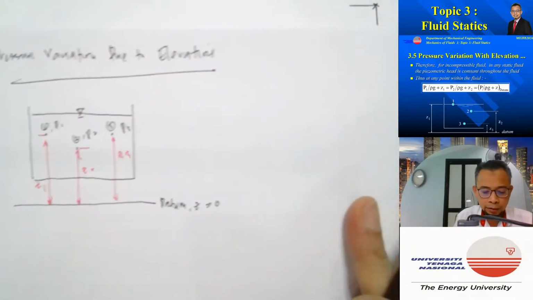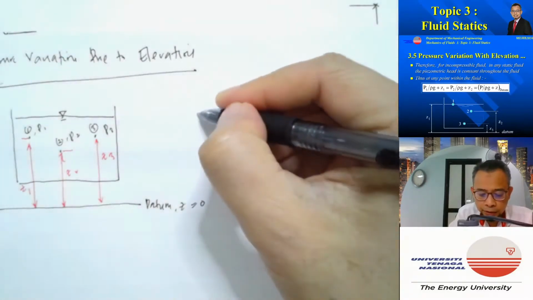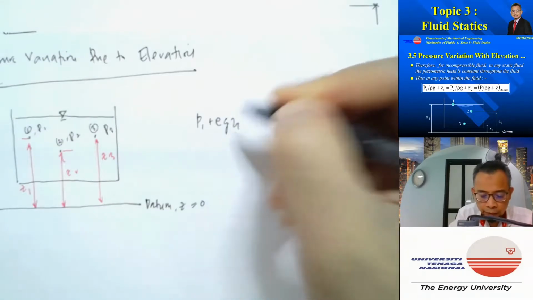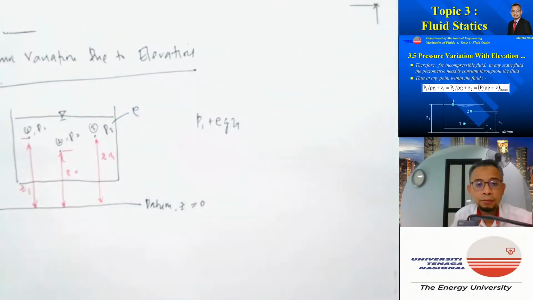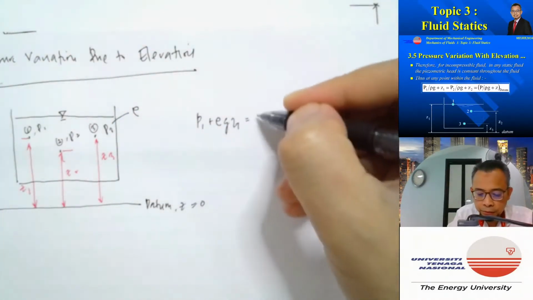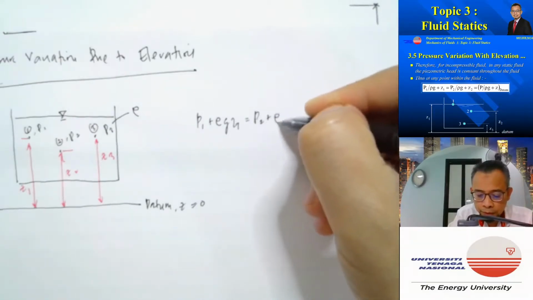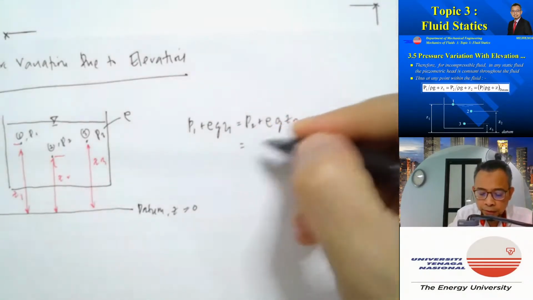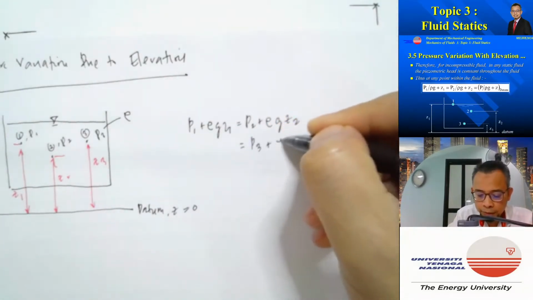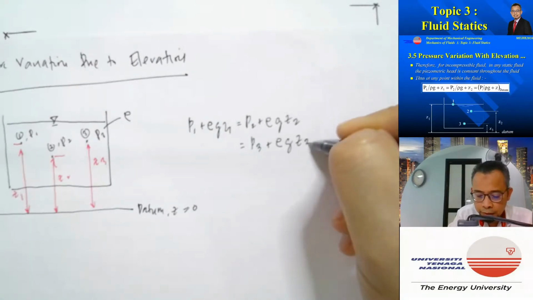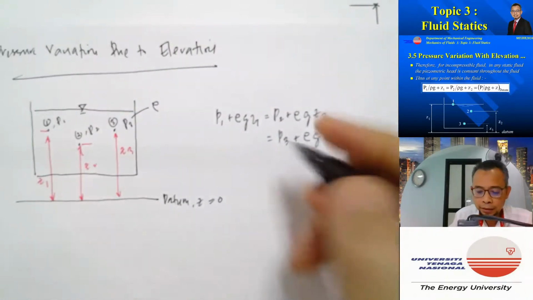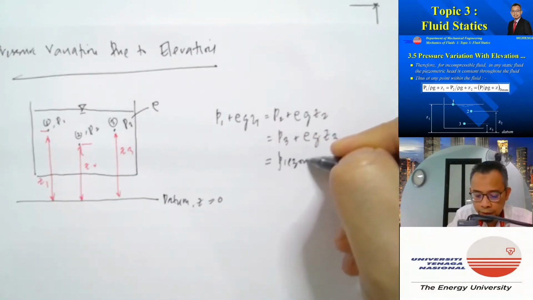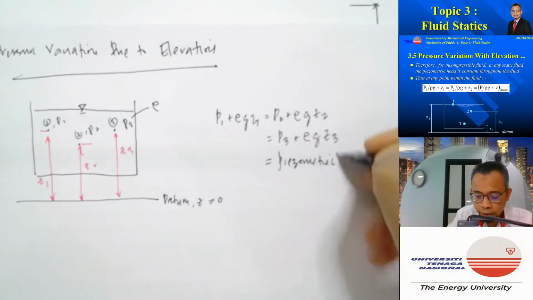So I can write an equation which says that P1 plus rho g Z1, where rho is the density of the fluid, must be equal to P2 plus rho g Z2, and must be equal also to P3 plus rho g Z3. And that summation is called piezometric pressure.